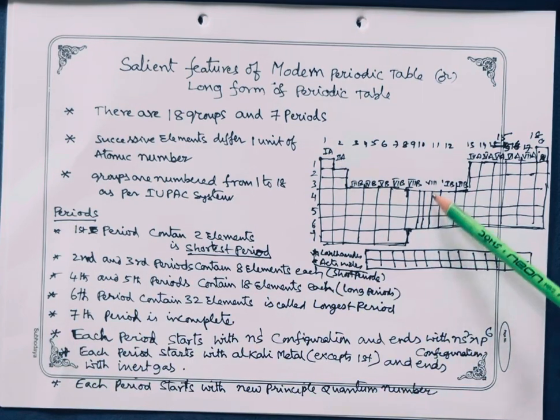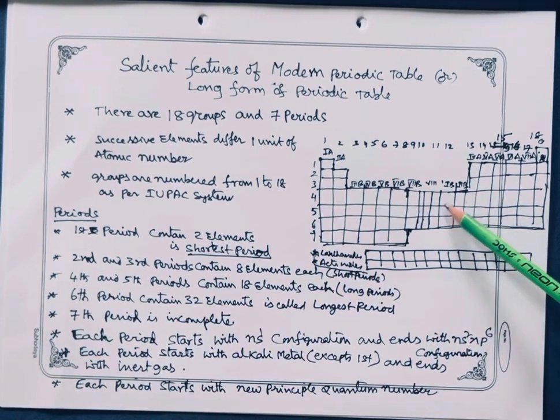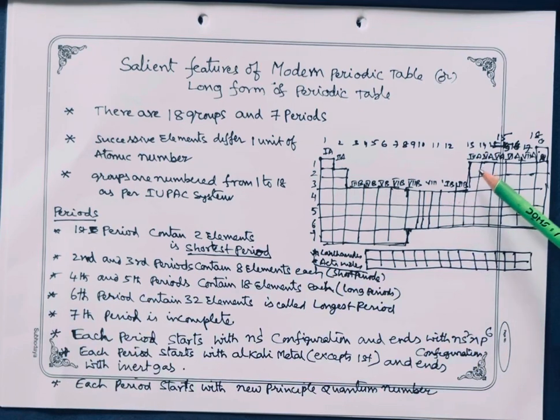These are called transition triads. Next comes first B and second B. After this is the copper group: copper, silver, gold. These are called coinage metals. First B contains copper, silver, gold, which are used for the preparation of coins.